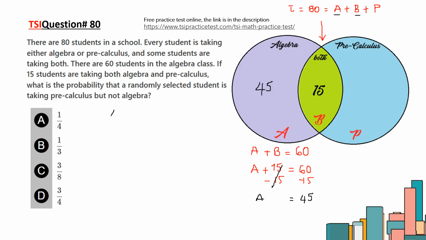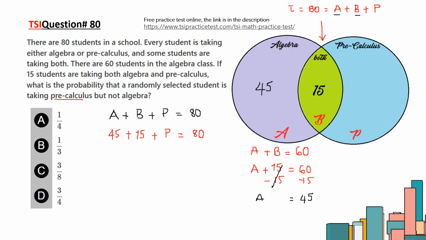A is 45, B, the intersection, is 15, and P is unknown, so 45 plus 15 plus P equals 80.